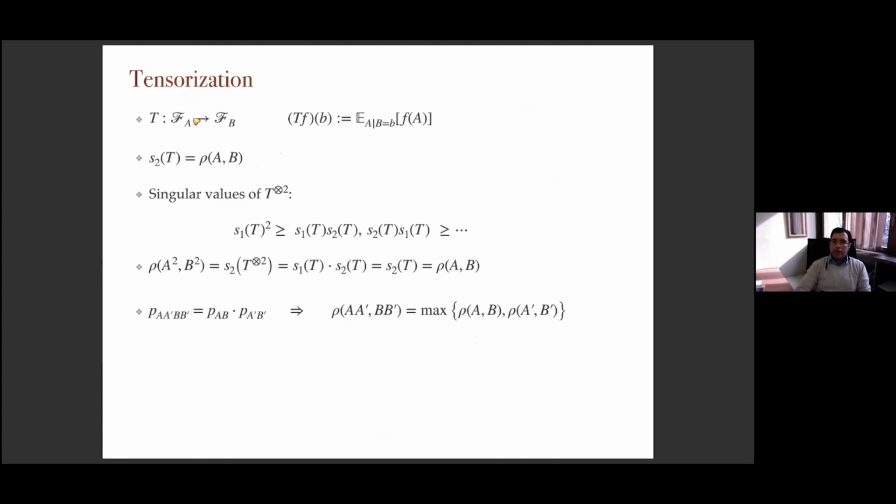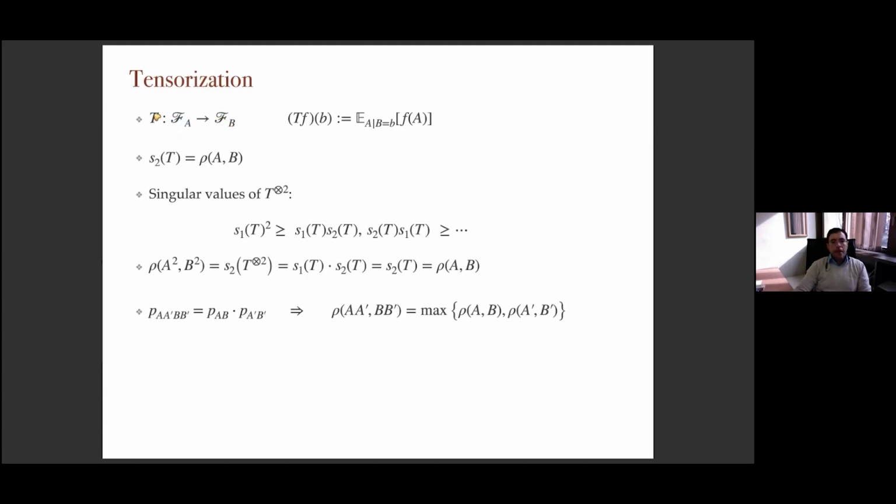So I can think of this function as a two-dimensional vector, where the first coordinate is f of 0 and the second coordinate is f of 1. So the dimension of F of A is the same as the alphabet size of A. And similarly for B.